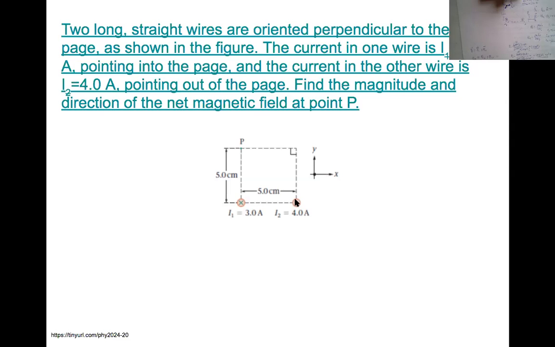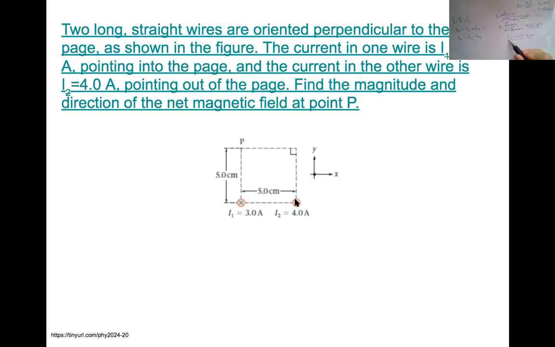So with that, we can calculate Bx and By, because B1x will be just 1.2 times 10 to the negative 5. B1y will be 0 because B1 doesn't have a y component, it only has an x component. I'm going out of the paper.